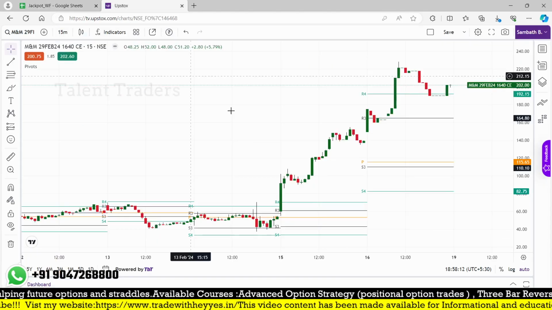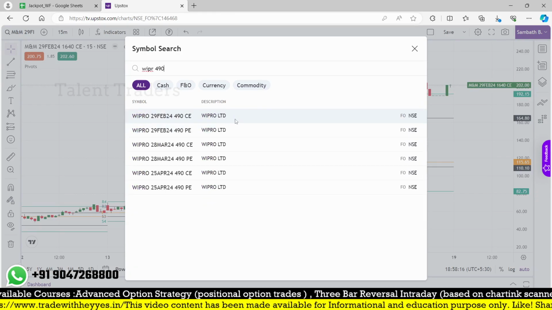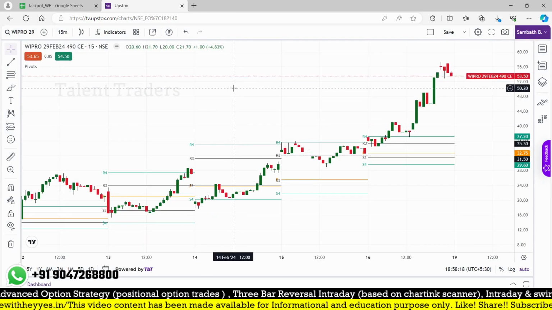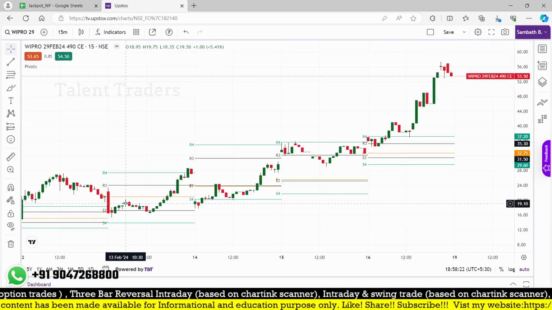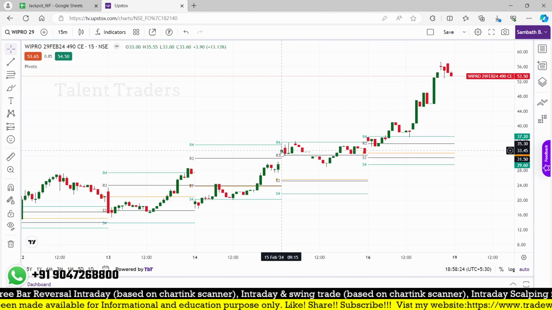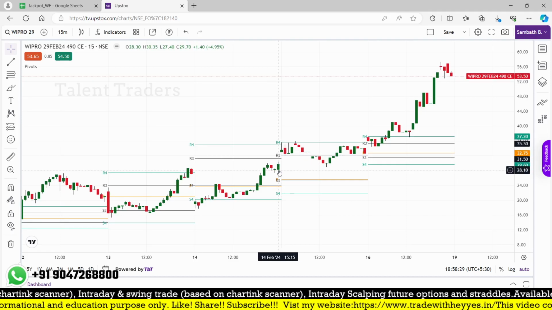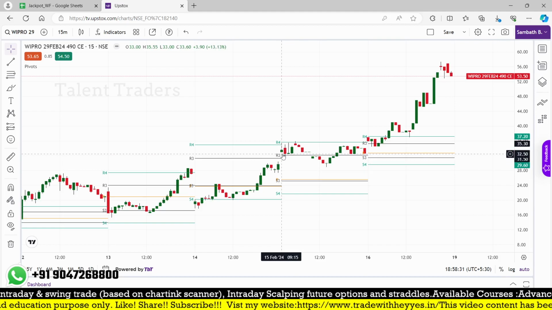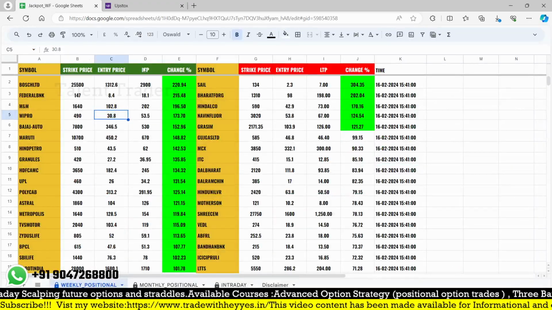Wipro 490. You need to track manually, because here we are scanning all 184 F&O stocks available in the futures and options segment. The entry in Wipro was 30.8, and you can see the previous close was 30.35, that is on 14th February. The next day, on opening itself, it started at 33, so in the first candle itself the entry point gave the breakout.